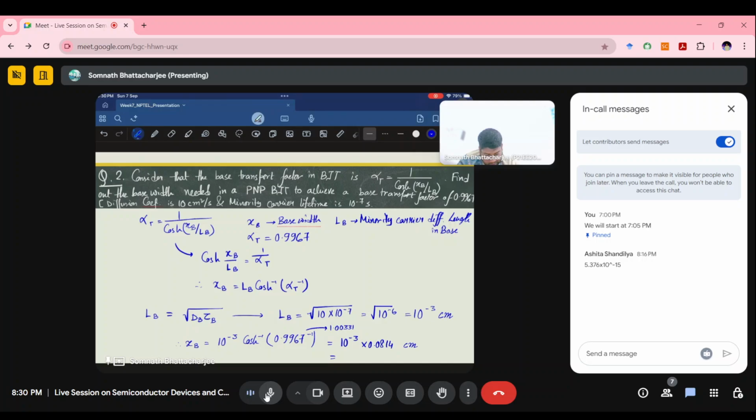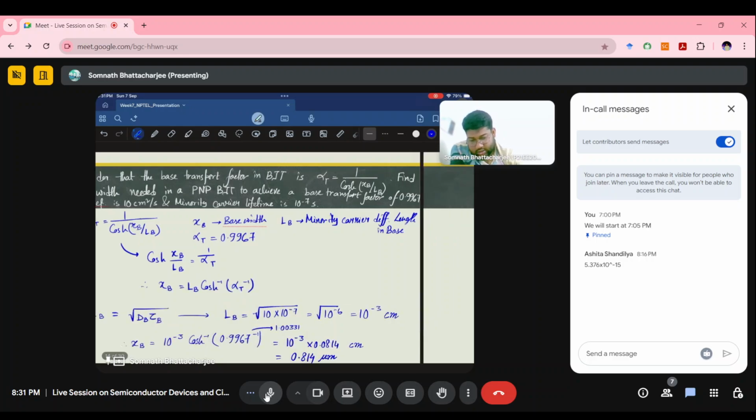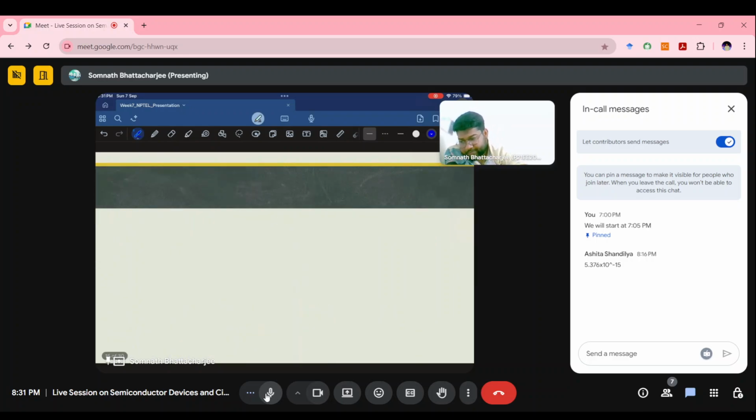If we want to write it down, it will look like 0.814 micrometers. So the base width should be 0.814 microns. Now we'll move to the next one.